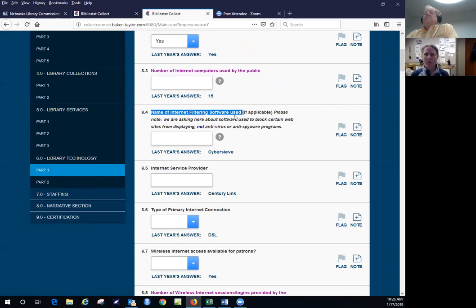So if Eric had a new library, or a library that hadn't applied for E-rate funding in the past, and they wanted more information about filtering software, he could put them in touch with other libraries within the system, and it would tell the first library what the filtering software was used by others. Like in this case, this is CyberSieve.